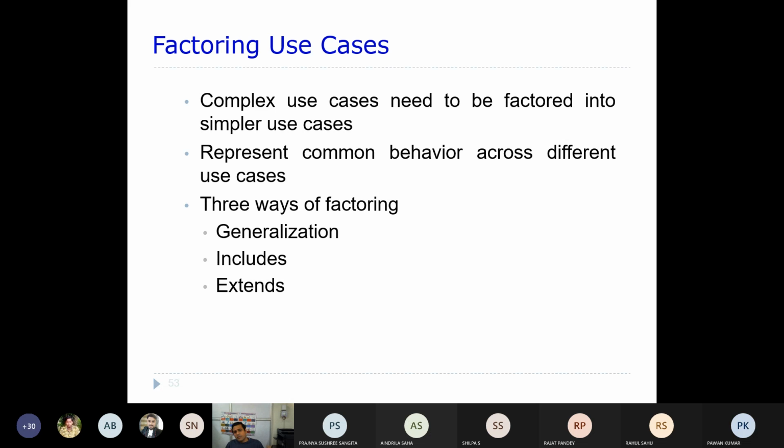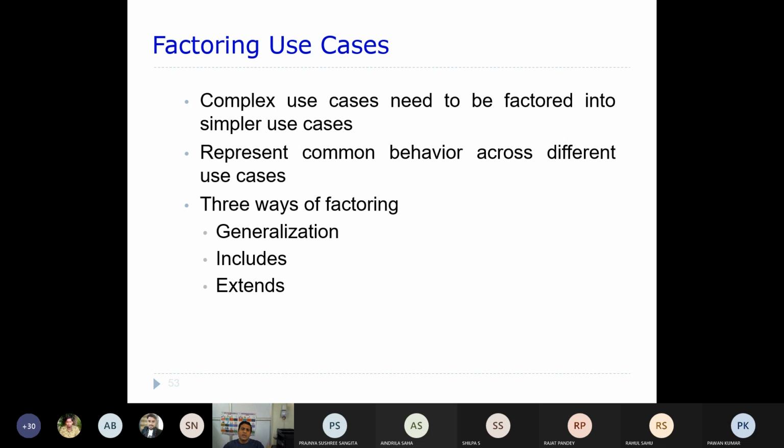There may be a use case which shows some common behavior across different use cases. Then you can factor out that particular use case, because the various other use cases are implicitly dependent on it.